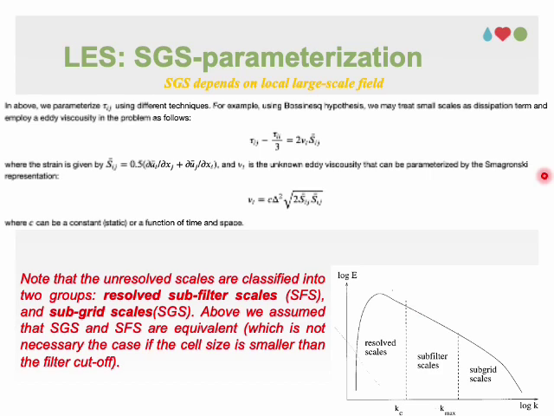Models of subgrid scale typically involve closures that relate the subgrid scale stress tensor to the resolved velocity field and can be based on physical arguments such as the scale similarity hypothesis or the eddy viscosity concept. In this formula, we show the eddy viscosity representation based on a Smagorinsky relation.